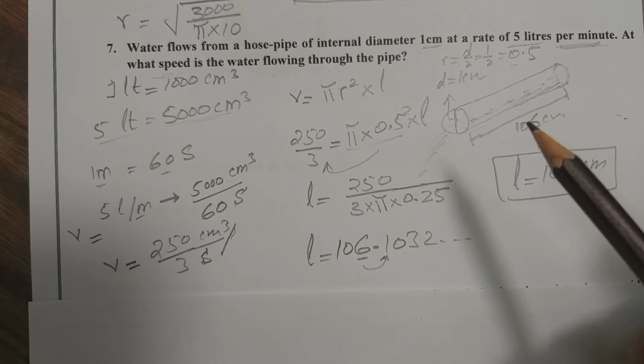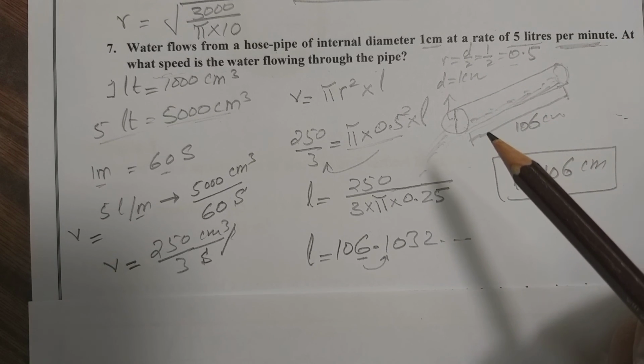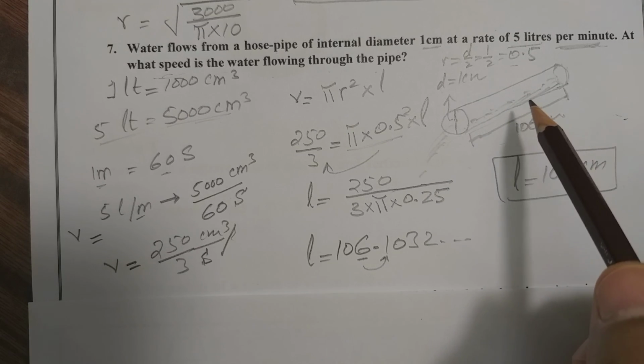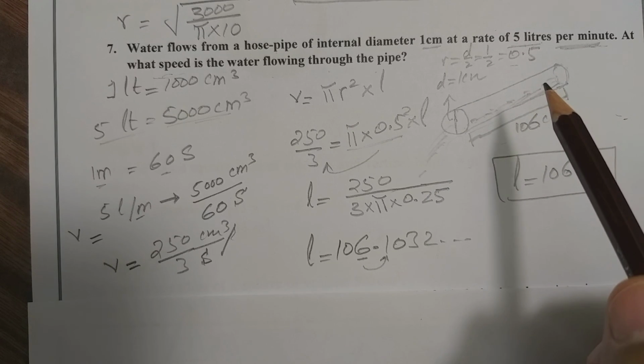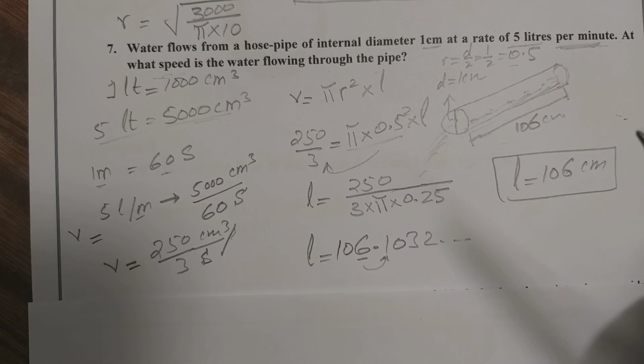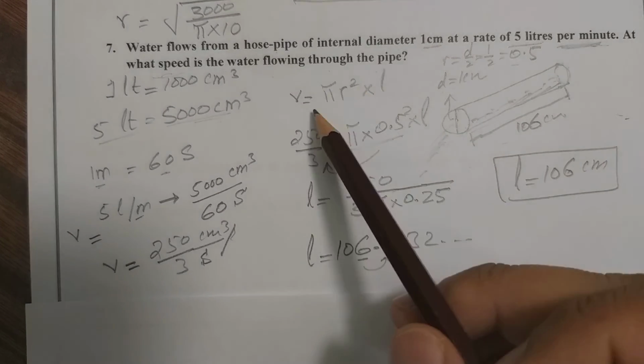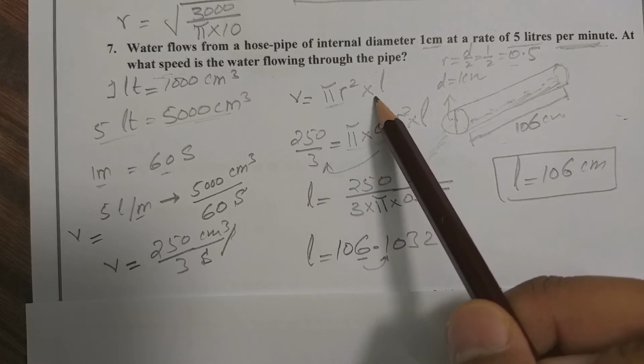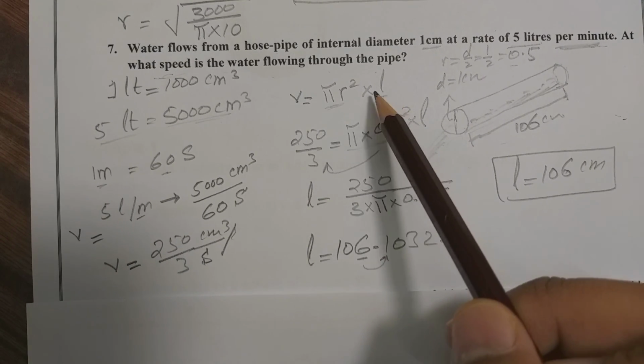One more thing I want to repeat: you must remember the formula for the volume of the cylinder. If you remember it, you can easily find the answer. The volume of the cylinder is pi r square times the length, or in general, the area of the base times the length.